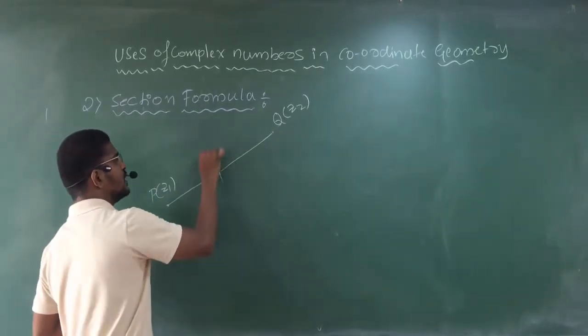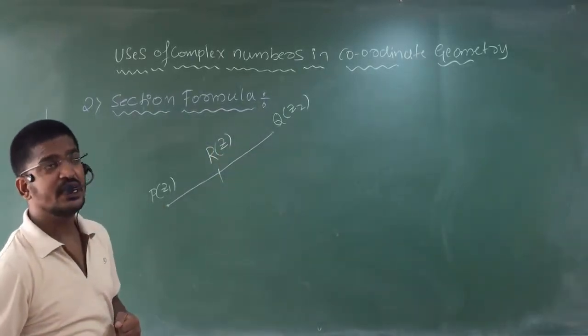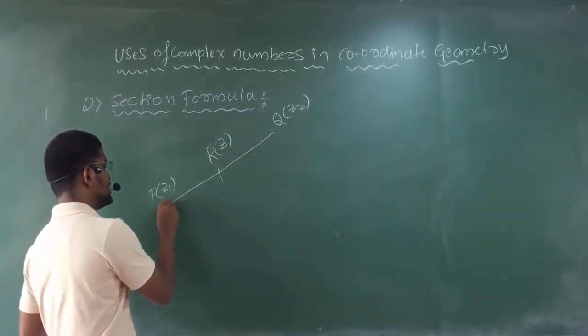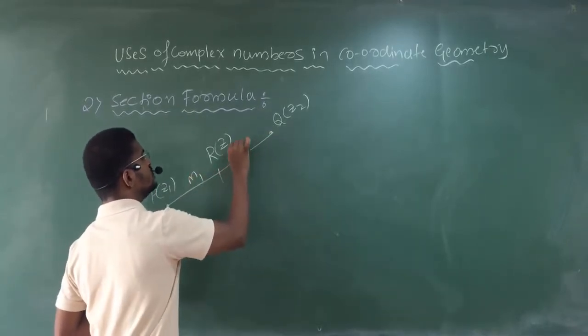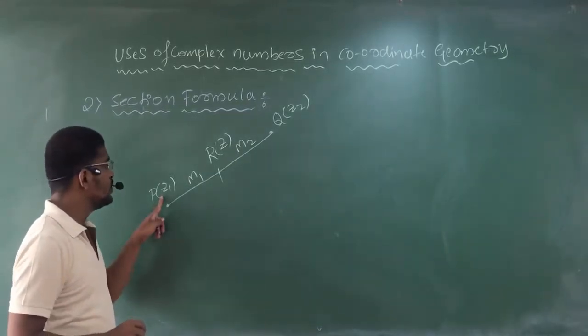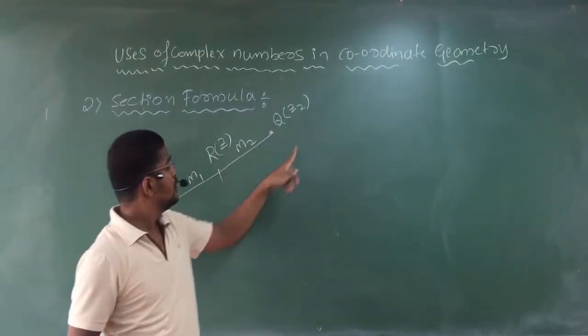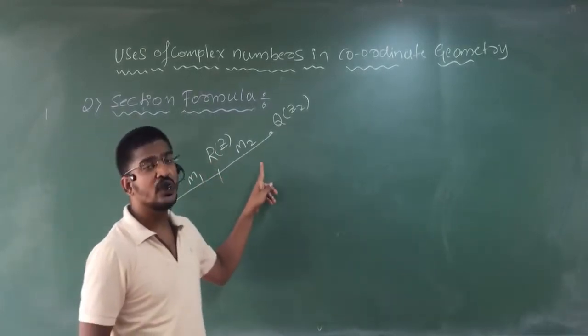Here let us take R of Z, which is dividing this line segment in the ratio M1 is to M2. Clear, students? So here this is Z1, this is Z2.